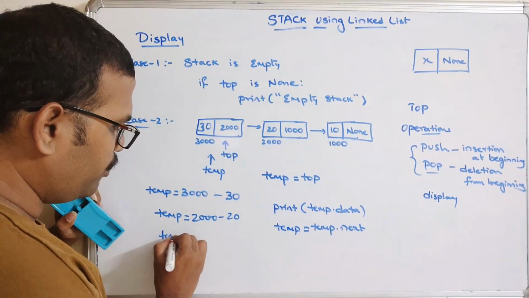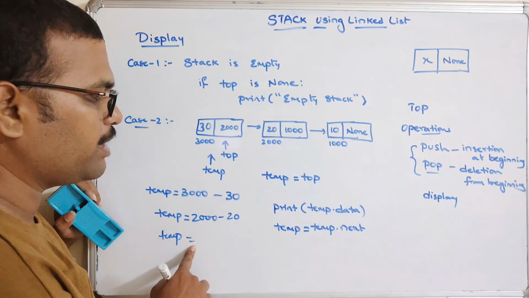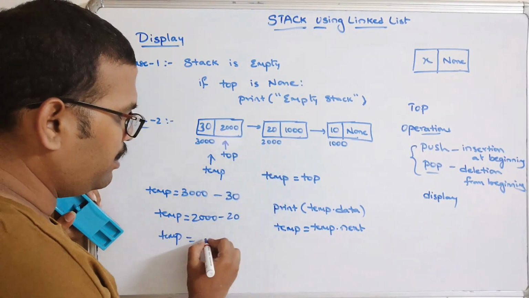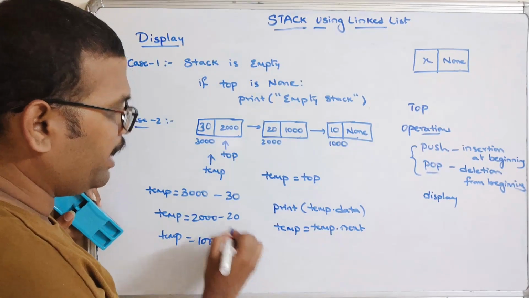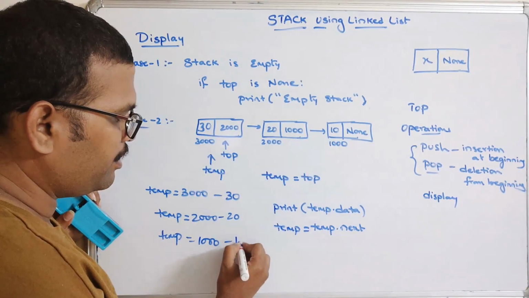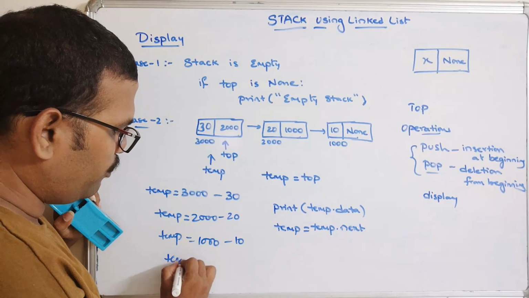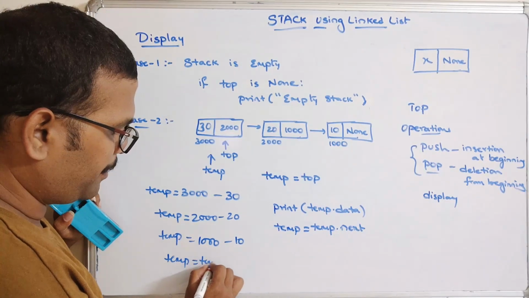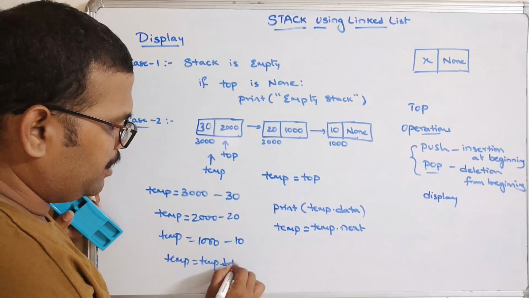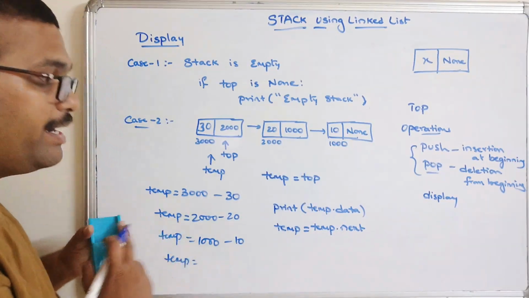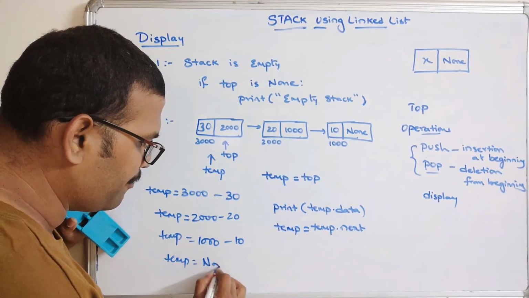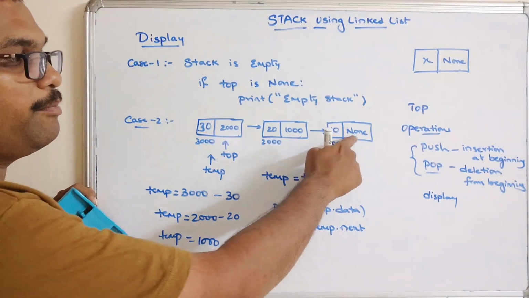Again temp is equal to temp.next, which is 1000, and again data will be printed, 10. Next, temp is equal to temp.next. Temp.next means none. Here temp.next is none.